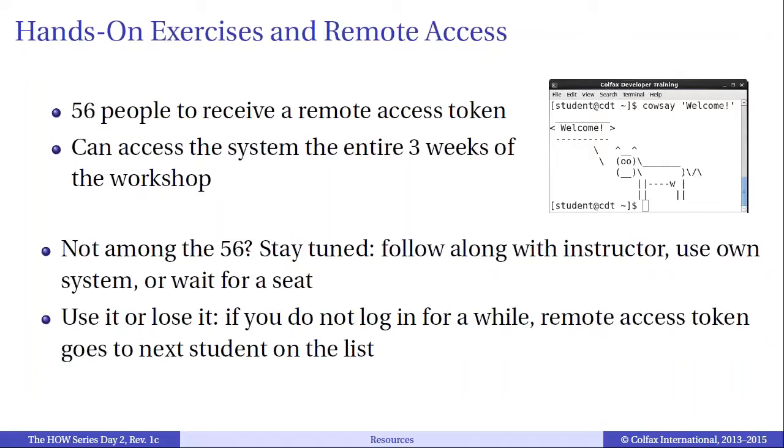The wait list is ordered by giving first preference to people who show up to live presentations, and then in the order in which people registered. So the earlier you registered, the earlier the wait list will trickle down to you. And we are actually adding more seats, so I expect to go through the wait list pretty quickly so that most people will have a chance to do the hands-on exercises.